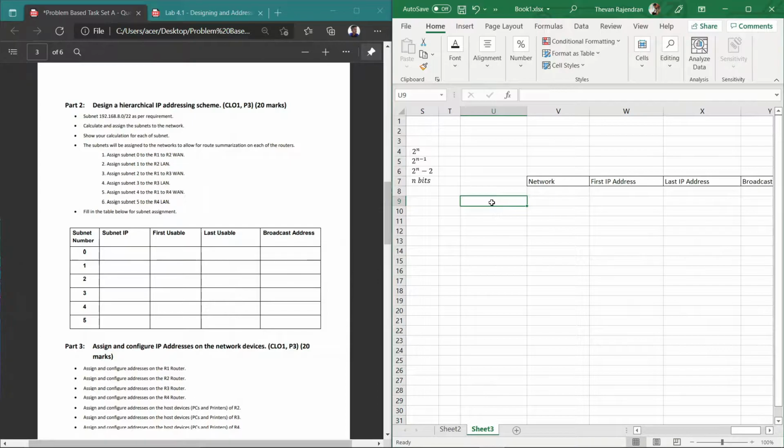So the first subnet will be 0 until 5. The first will be R1 to R2 link. Second will be R2 LAN. Third will be R1 to R3 link.